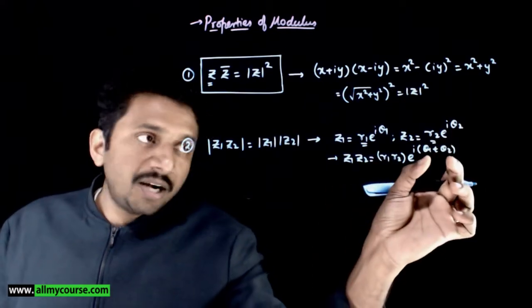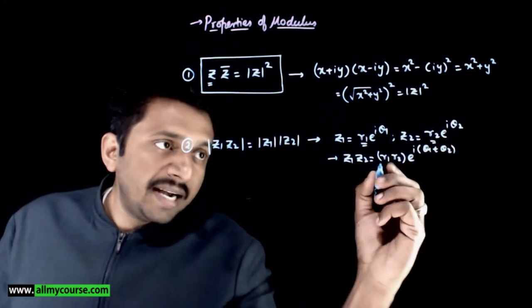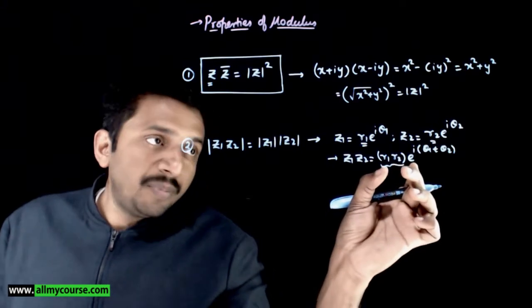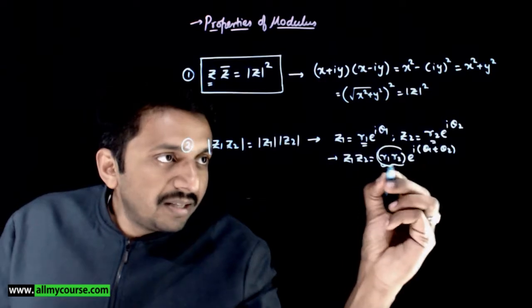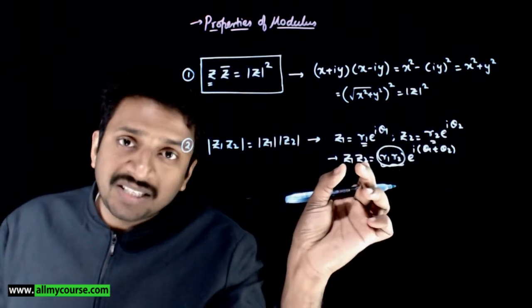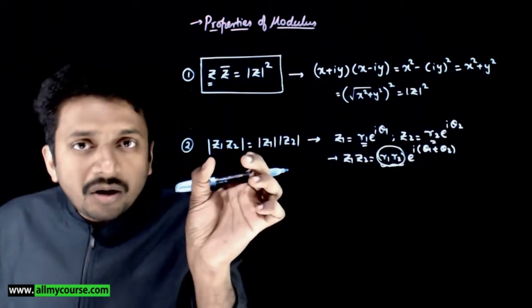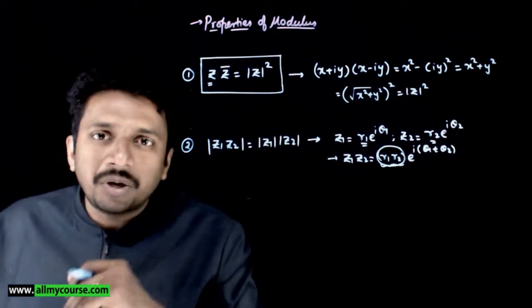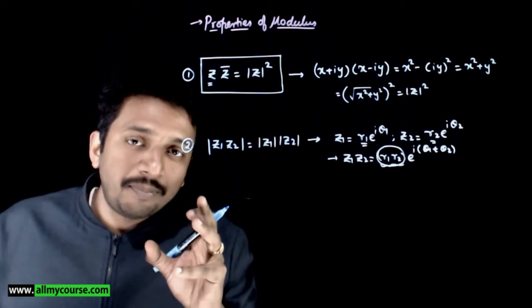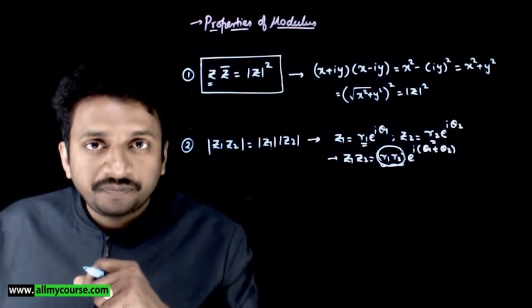So theta 1 plus theta 2 became the argument. And the number which is outside e power i theta is nothing but r1 into r2, which is the magnitude of z1 into z2. So mod of z1 into z2 is equal to mod z1 into mod z2. This is a very important property.